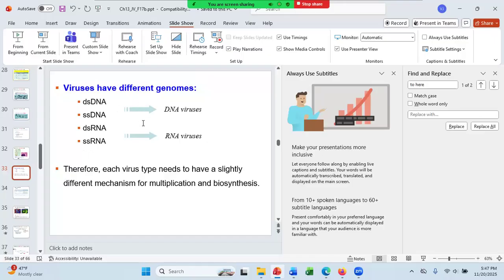And then obviously biosynthesis, because you know how the virus will get its proteins expressed if it's got a double-stranded DNA virus. But what if it has a single-strand RNA virus, and this is a negative single-strand RNA? How does the virus express the genes of the single-strand RNA to make the proteins needed? My point being is that the virus will have different means for multiplication and biosynthesis depending on what its genome is.